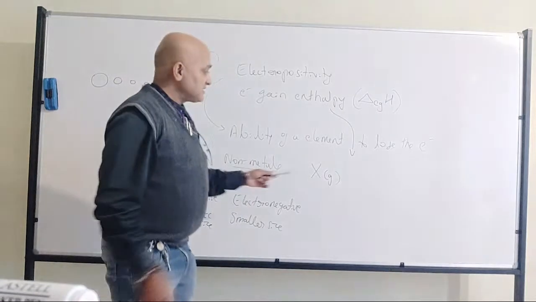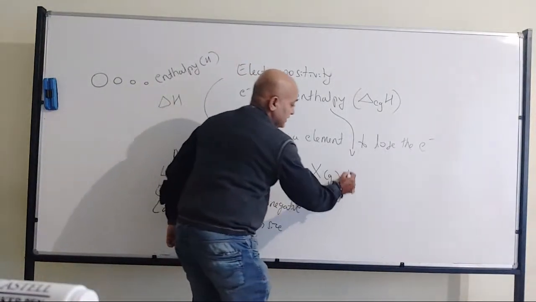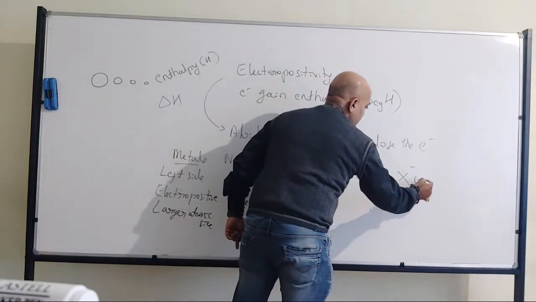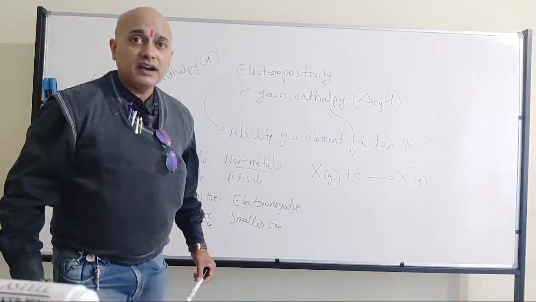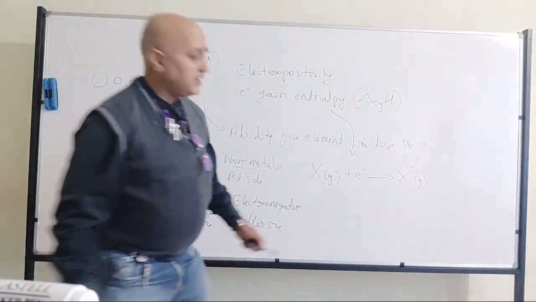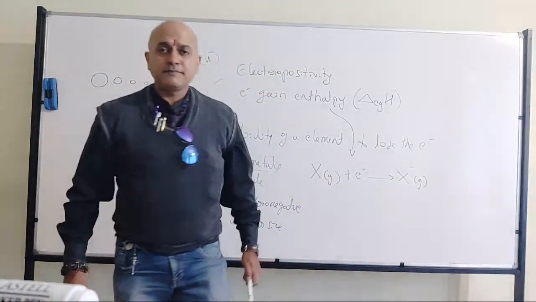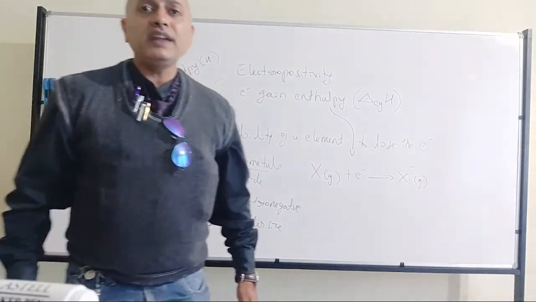So X is an element in the gaseous state. Now it will accept the electron and become an anion. In the textbook, they give that in the form of gas.